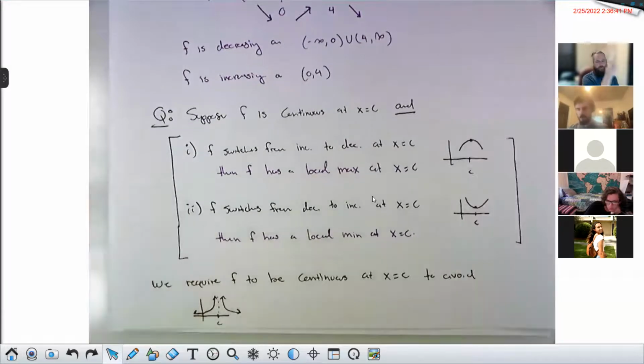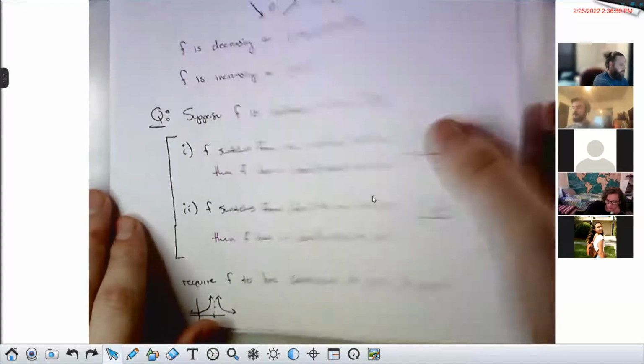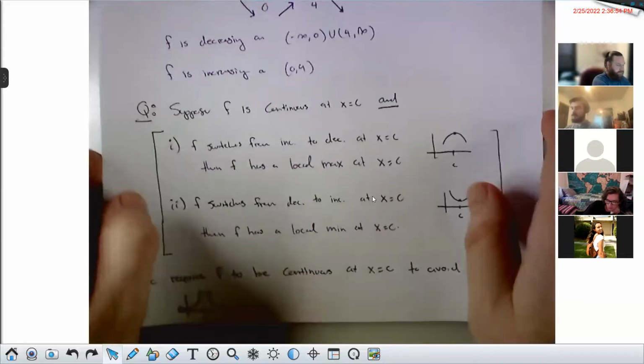Here is a function that switches from increasing to decreasing at c. But there's no local max there. And that function blows up to infinity at c. You've got a vertical asymptote.